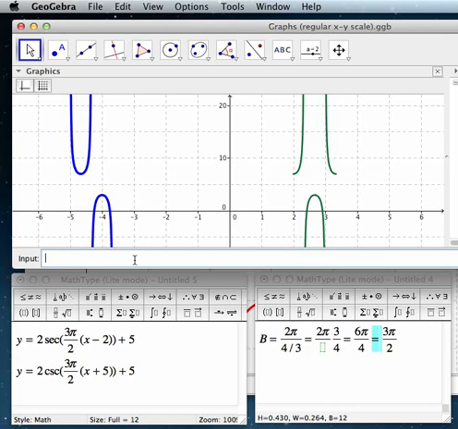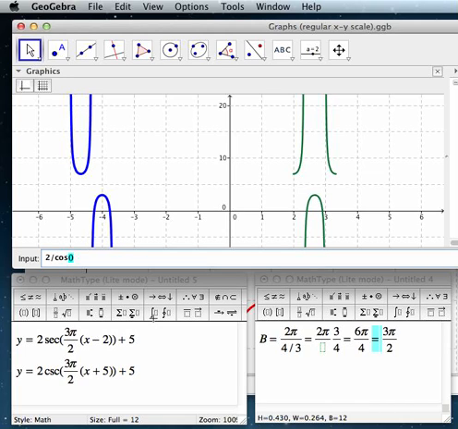In GeoGebra, you can actually type in a secant or cosecant function, but on a calculator, you wouldn't be able to type in a secant. You can't find the secant button somewhere. So I'm going to pretend I don't have GeoGebra, but I have to type this in like I would on a calculator. So secant is the reciprocal of the cosine function, and so if I'm going to type in this top equation, 2 secant of, I have to type in 2 divided by the cosine of.